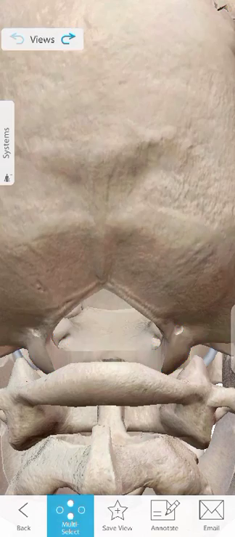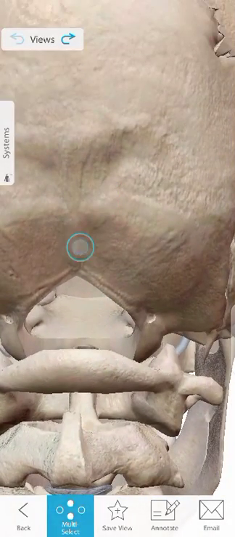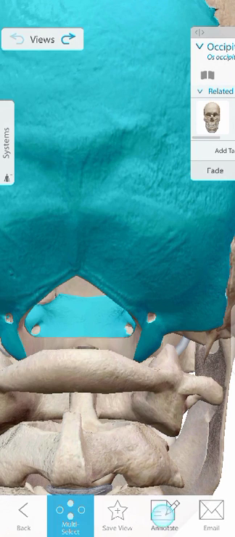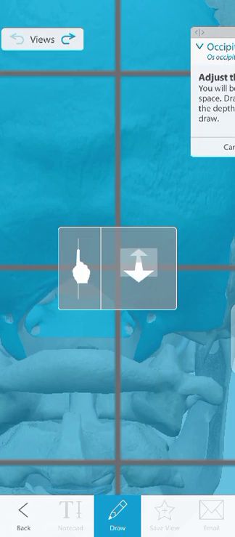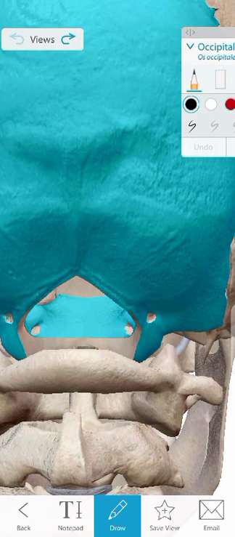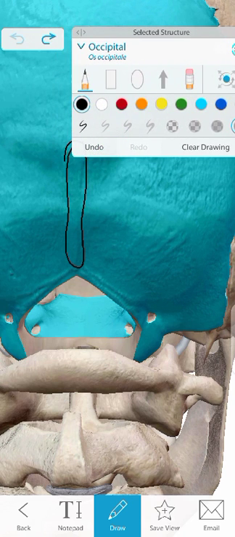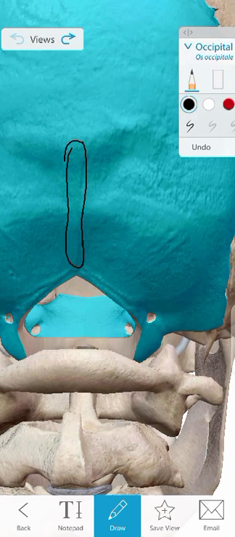Let me bring in my drawing tool. We can see this elevation here, so this is a crest. It's called the external occipital crest. Right now we are looking at it at the macro scale, so they will not give us the specific name of this thing, but it's called the external occipital crest.